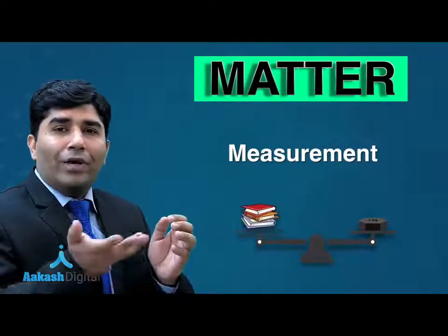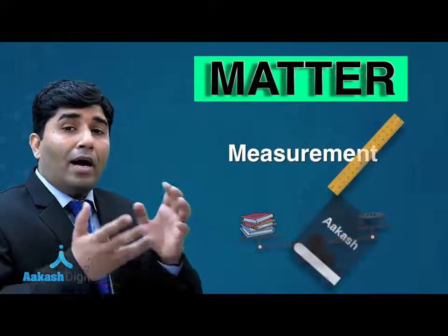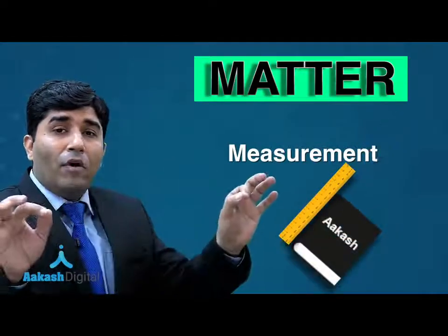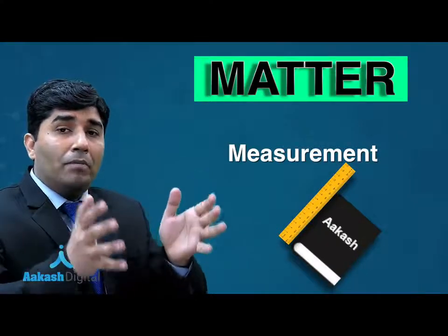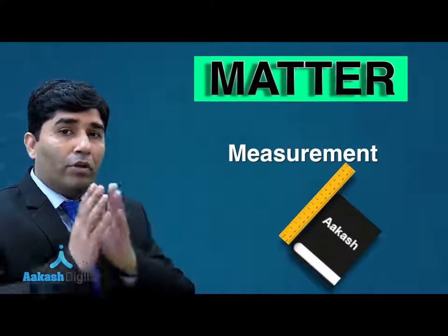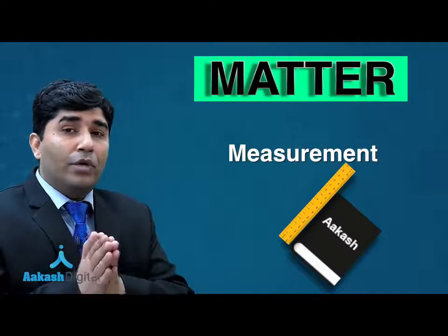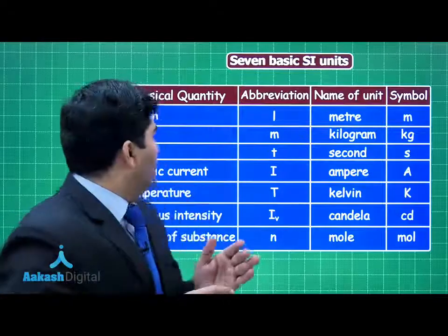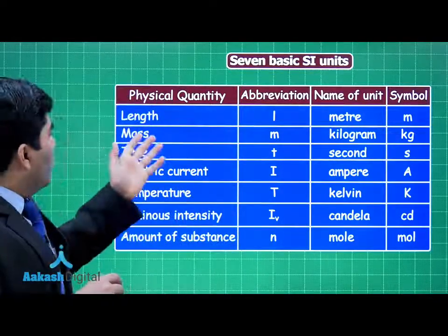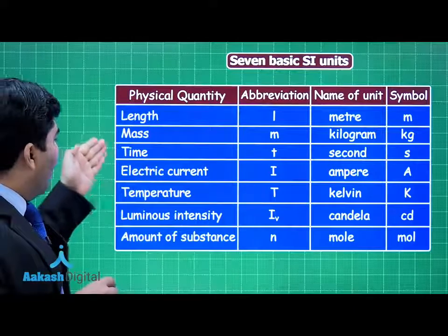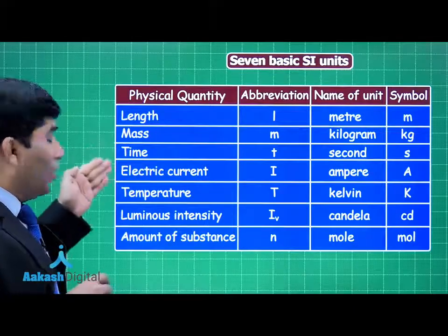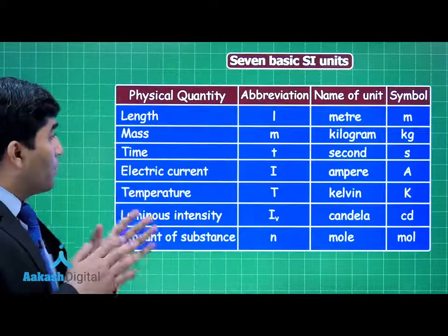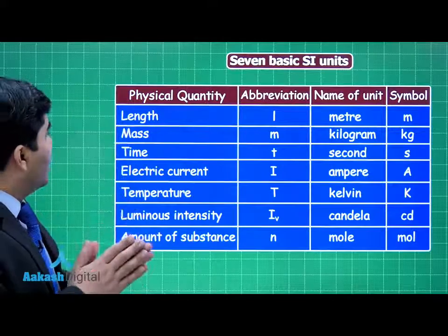Suppose I want to weigh something, or I want to find the length of that particular thing, whatever it is. So for that, I need units. And these units are, for physical quantities like length, mass, time, electric current, temperature, luminous intensity, and amount of substance, we have the units.